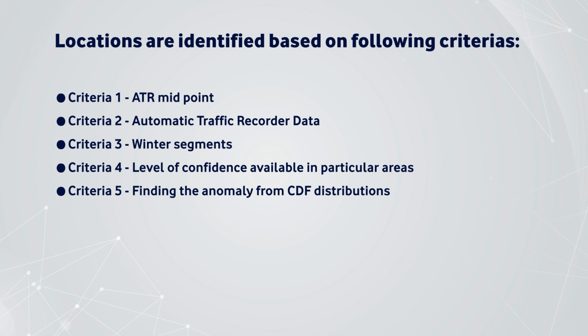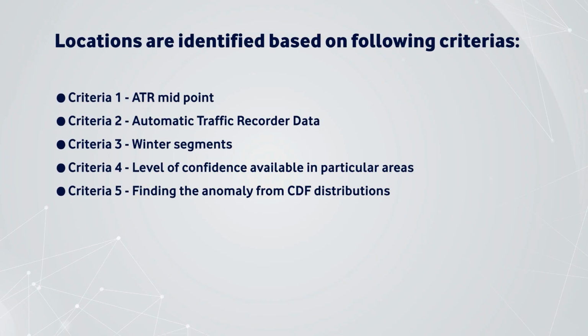Criteria 2, which is automatic traffic recorder data. Criteria 3, we have also considered the winter segments. Criteria 4, we have also seen the level of confidence available in the particular areas based on different scores, 10, 20 and 30, and we said that confidence level 30 is basically real-time data.